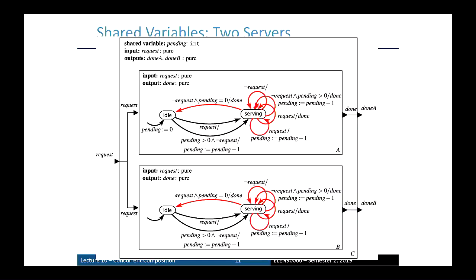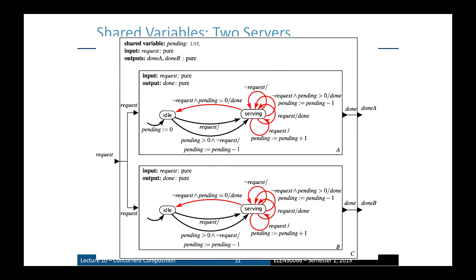Because in the serving state, we don't know how long it's going to take to serve the particular request. The requests could be very different requests. So we allow the machines to react asynchronously, right? It makes no sense to have to wait, for instance, for this one to make a transition in order for this one to make a transition, okay?